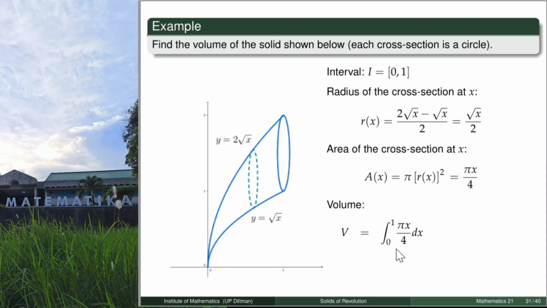So you have the integral from 0 to 1, the interval on the x-axis, of pi x over 4 times dx, the thickness of the cylinder. If you solve this definite integral, you'll be able to find the volume. That's easy, just anti-differentiate and evaluate, and you get the final answer.